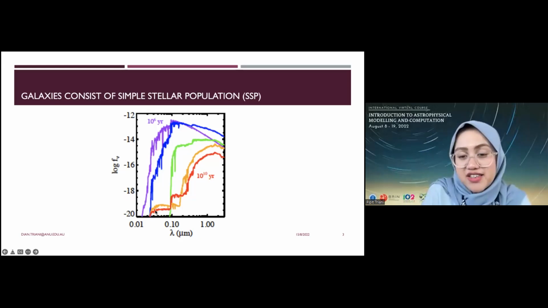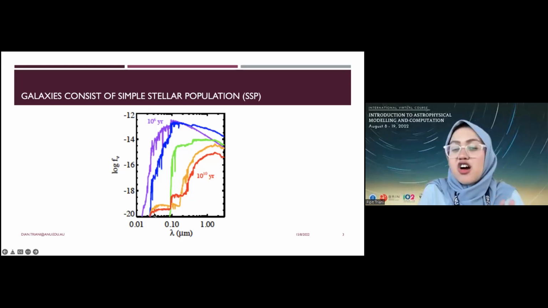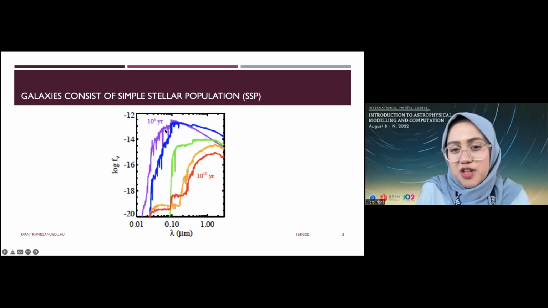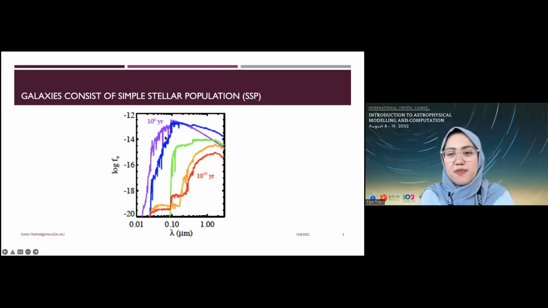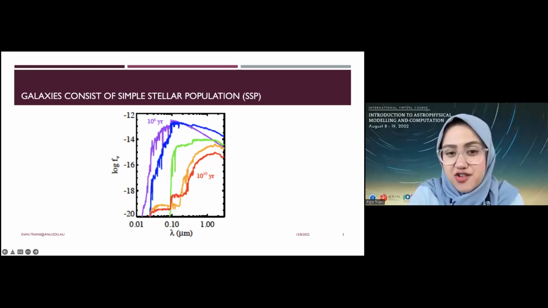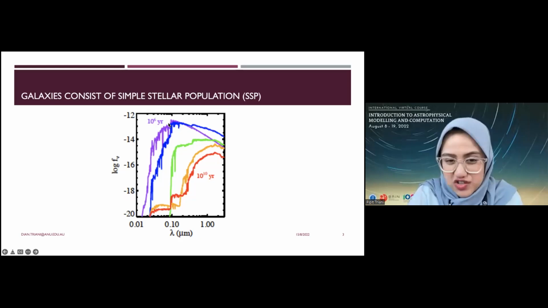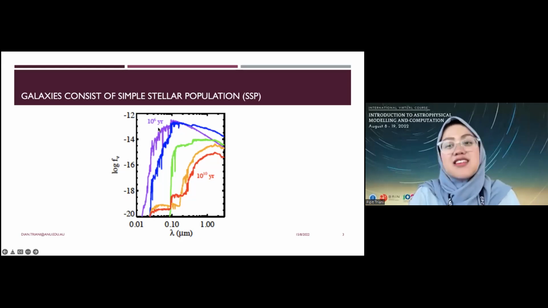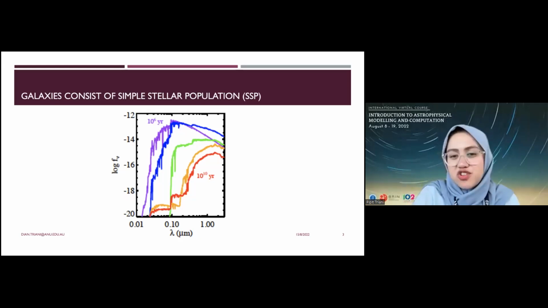This is showing the spectra of stellar populations with different ages. So for example, if a stellar population is very young, 1 million years old, it still has lots of light at shorter wavelengths, in the UV, because it still has young, blue stars. So it appears blue.